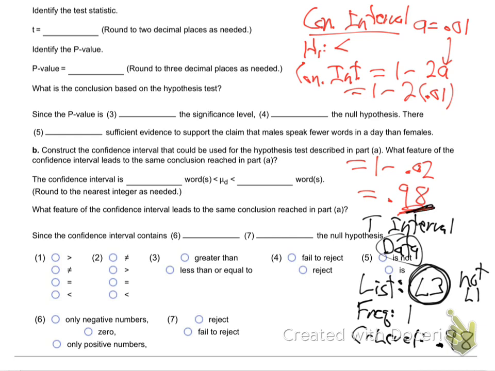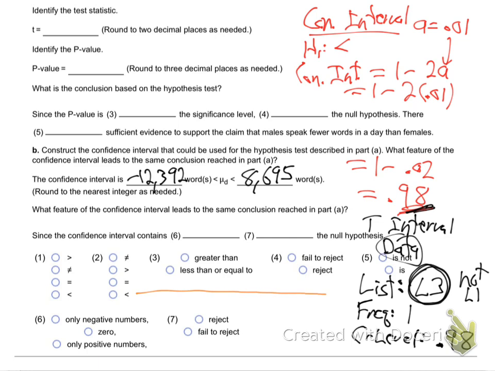Hit calculate, and I got a confidence interval of negative 12,392 up to 8,695. Okay. So what does that mean? Let's draw that confidence interval.